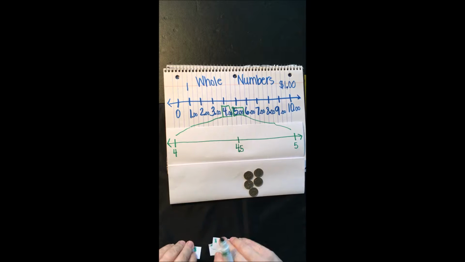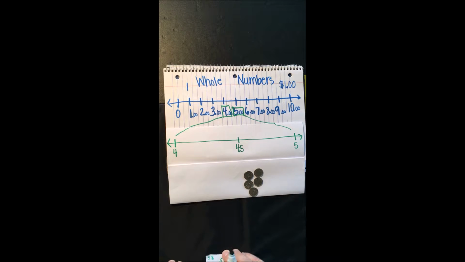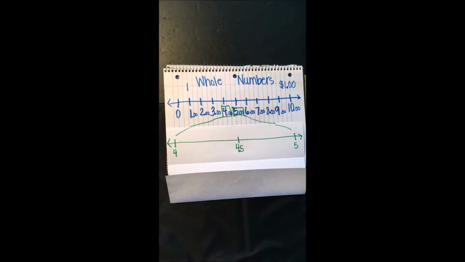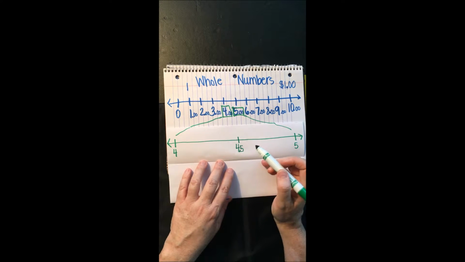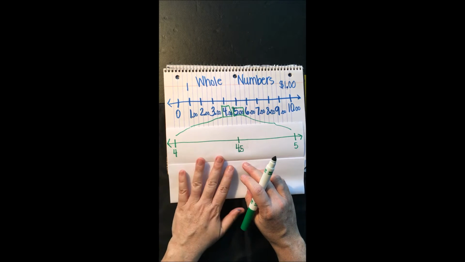That way they have an understanding that this is 4 whole dollars and 5 dimes, or 5 in the tenths place. So again, referring back to money, it is $4.50.